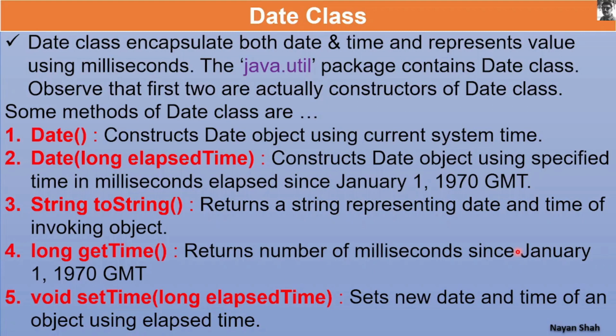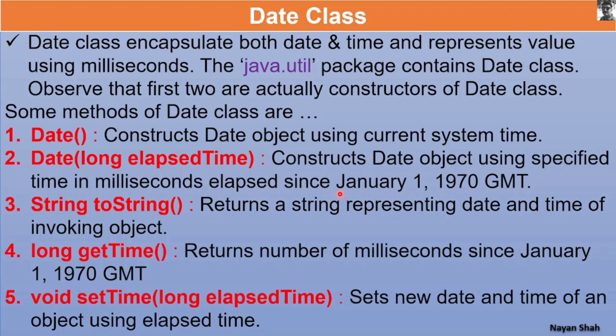But from where do those milliseconds start counting? They start counting from 1st January 1970. So 31st December 1969 midnight, 12 o'clock, from there it will start counting. So past 12 o'clock, 1 second is 1000, 2 seconds is 2000, and so on.